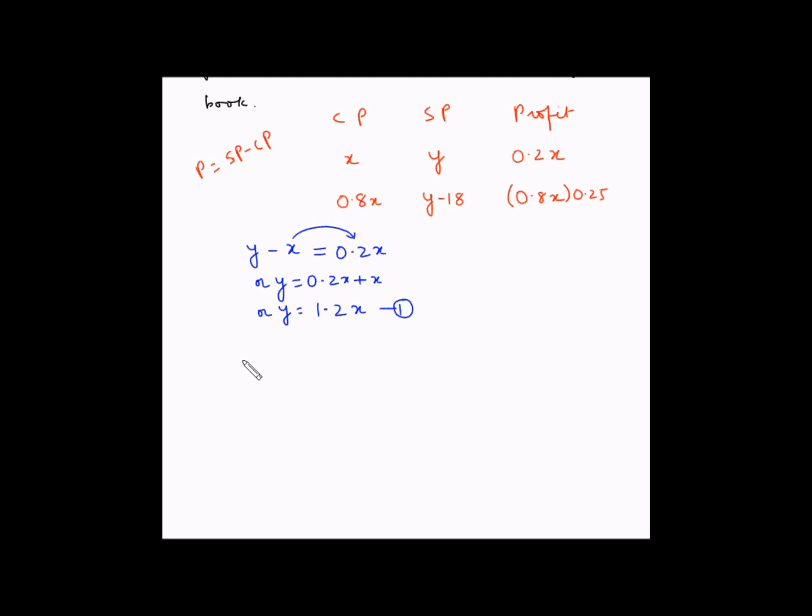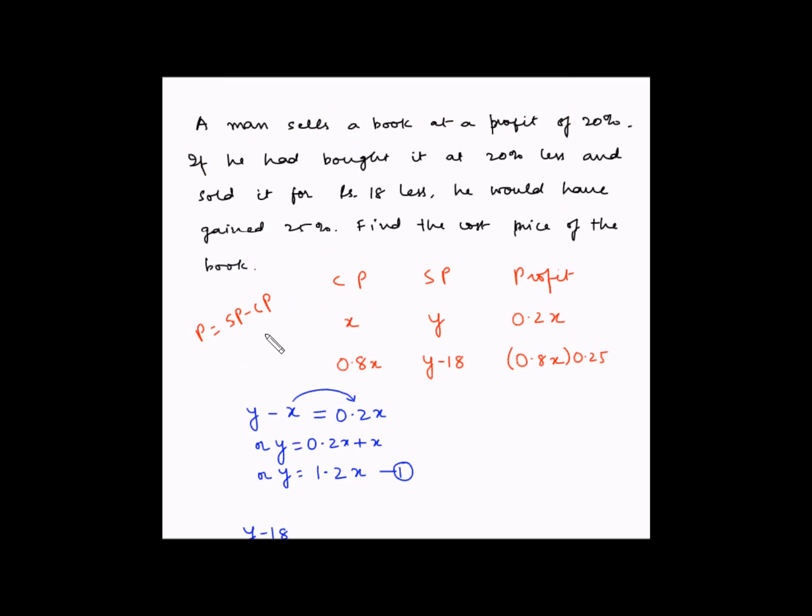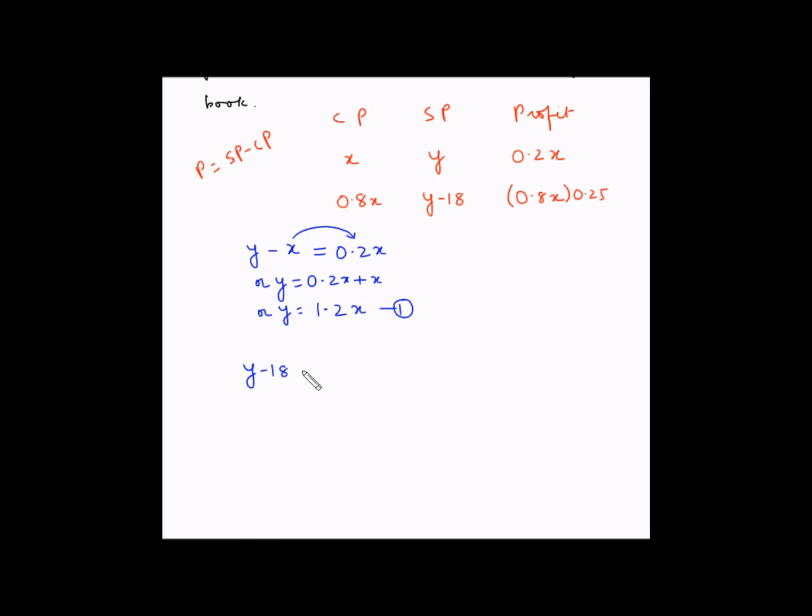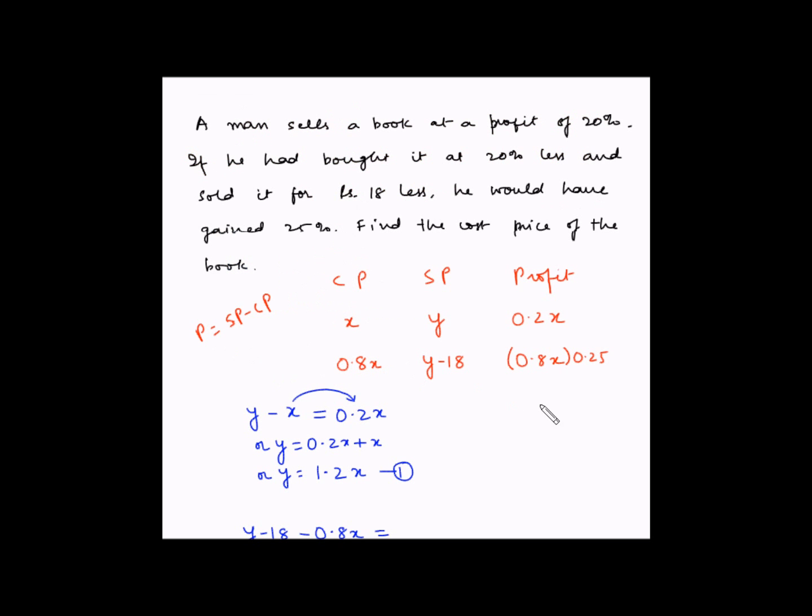Now again the second equation. Selling price, which is Y minus 18, minus the cost price, which is 0.8 times X, is equal to the profit, which is 0.8X multiplied by 0.25.